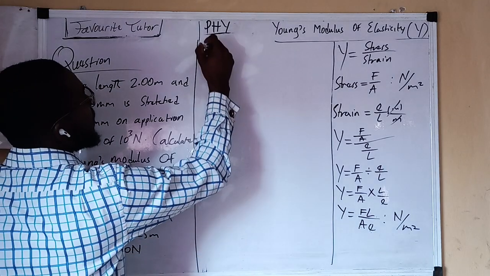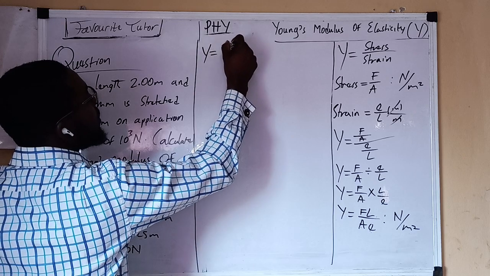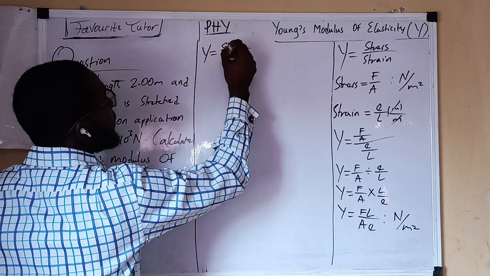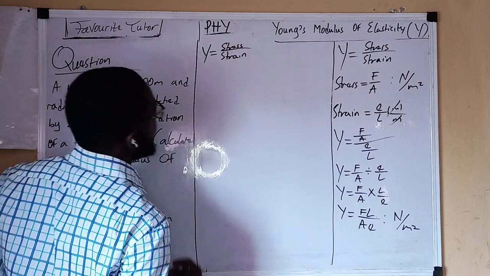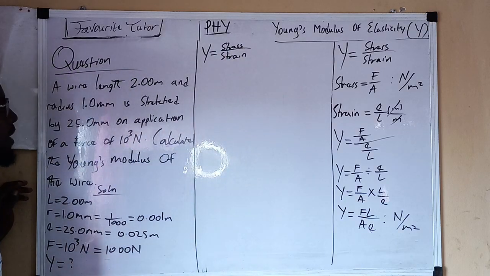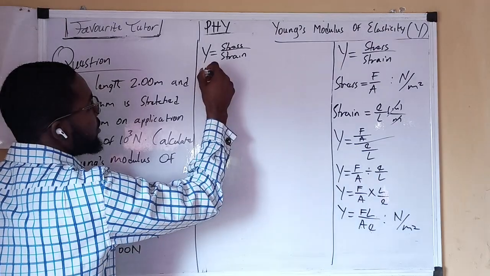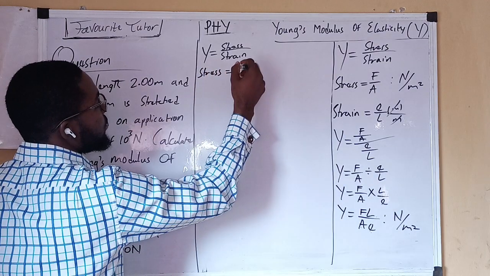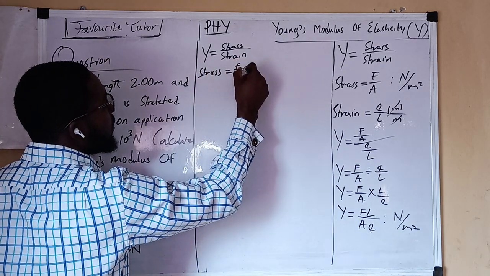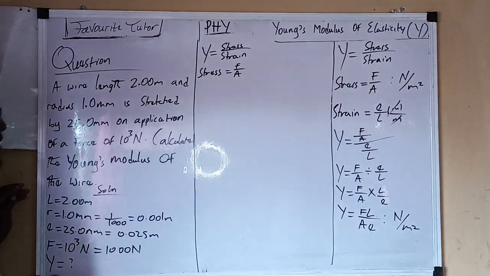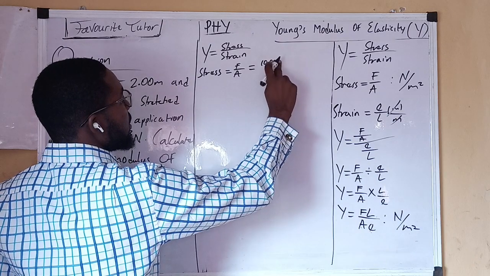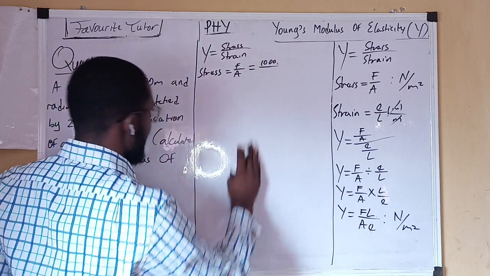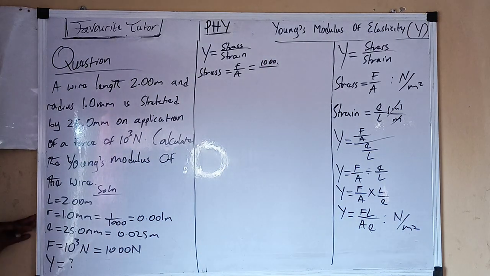Young modulus is equal to stress over strain. Okay, first let us get the stress. Stress is force over area. The force is 1000 Newton over the area. Okay, we don't actually have area here, but we have radius.